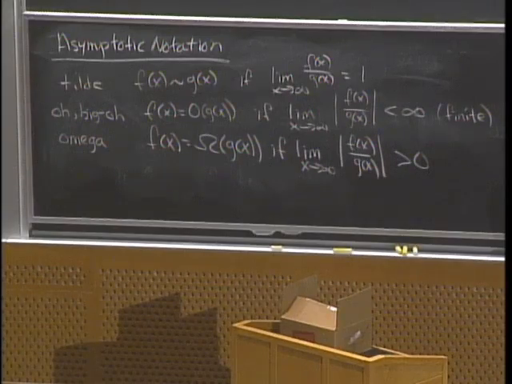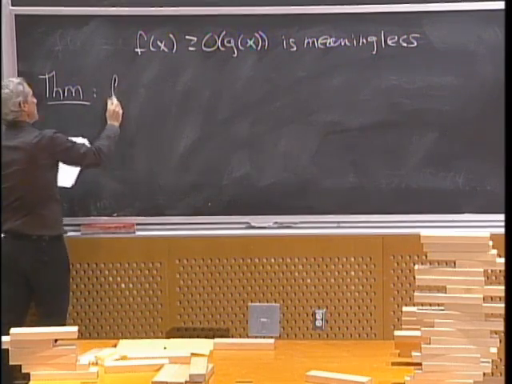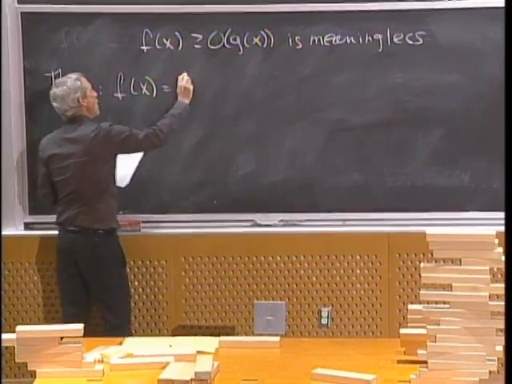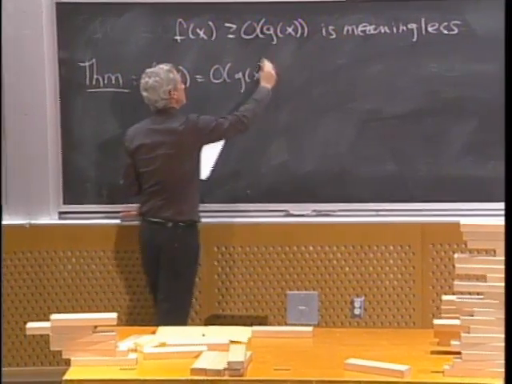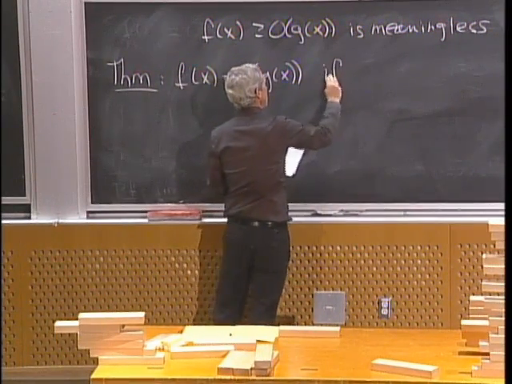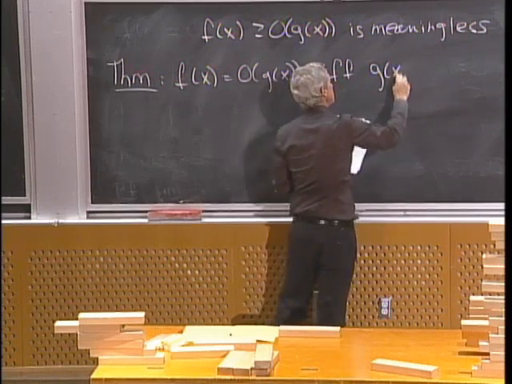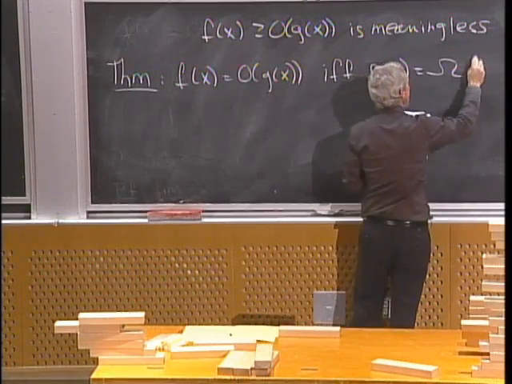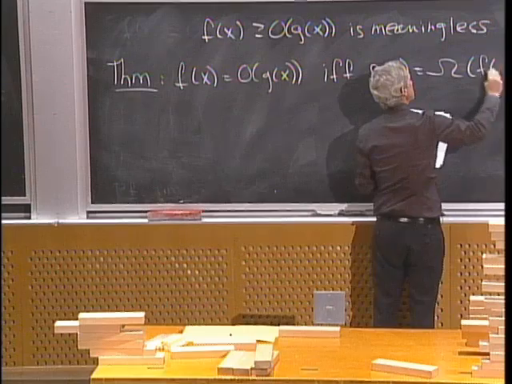In fact, we'll state a theorem, not hard to prove, we won't do it. f of x equals O of g of x if and only if g of x equals big omega of f of x.